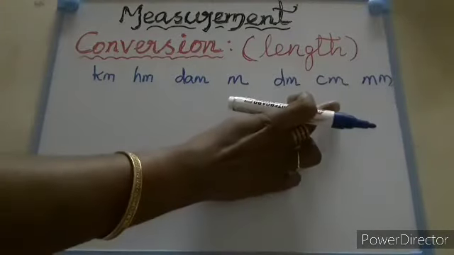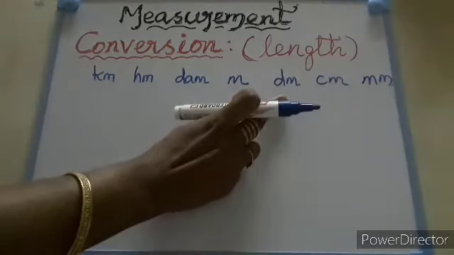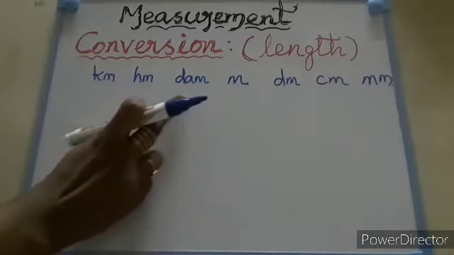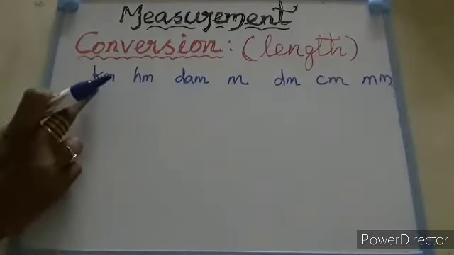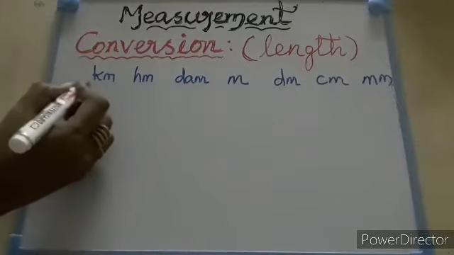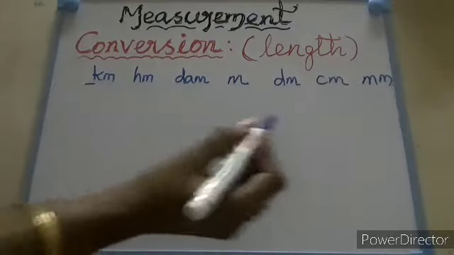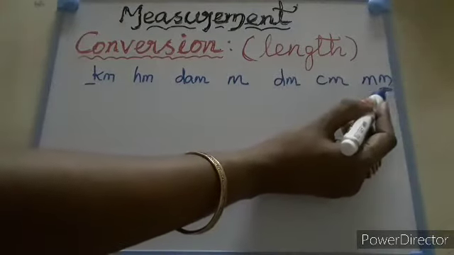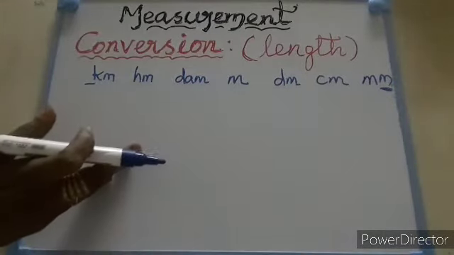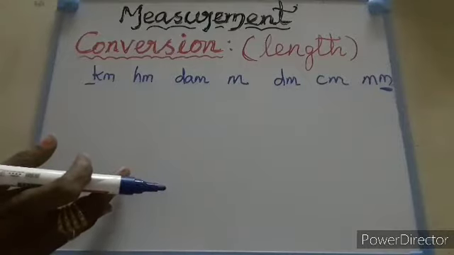Millimeter, centimeter, decimeter, meter, decameter, hectometer, kilometer. From this, kilometer is the biggest unit and millimeter is the smallest unit. Am I right? You know this thing already.